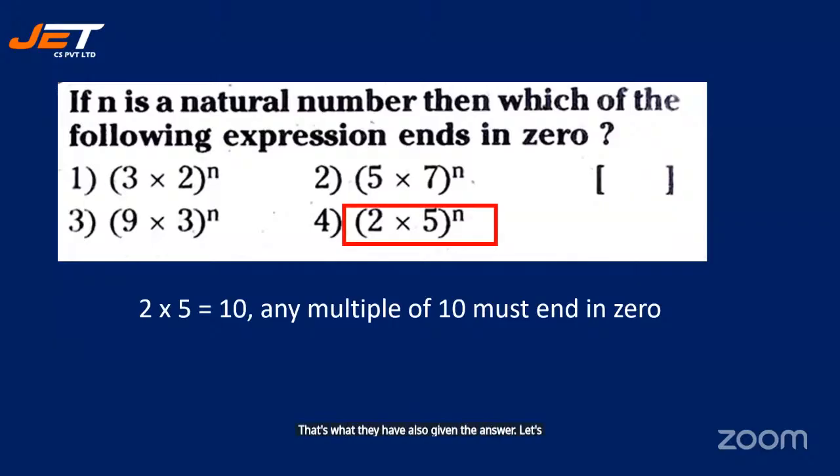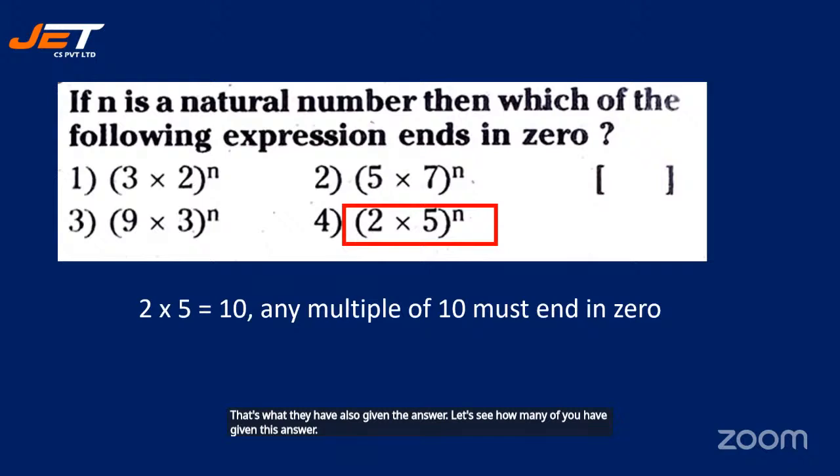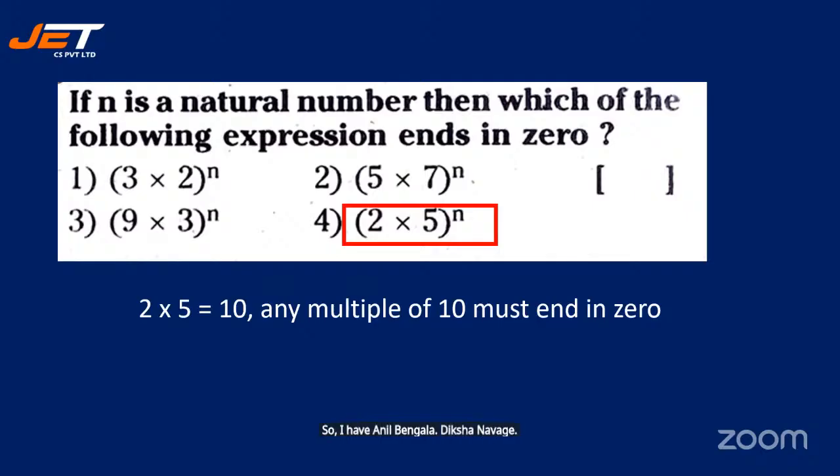Let's see how many of you have given this answer. So I have Anil, Vengala, Deeksha, Navatej, Tejashree, Vaishnavi, Lavanya, Shrutasya, Pranita, then Jansi, Premcharan, Divyanshi.